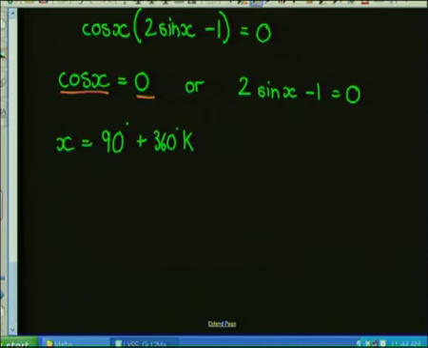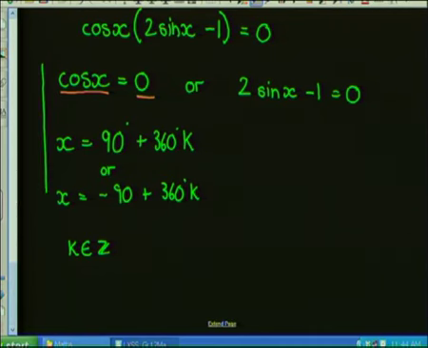And when we're working with cos, we know then we can say or x is equal to negative 90 plus k times 360 degrees, and k is an element of integers. So we've now done the part for the cos.